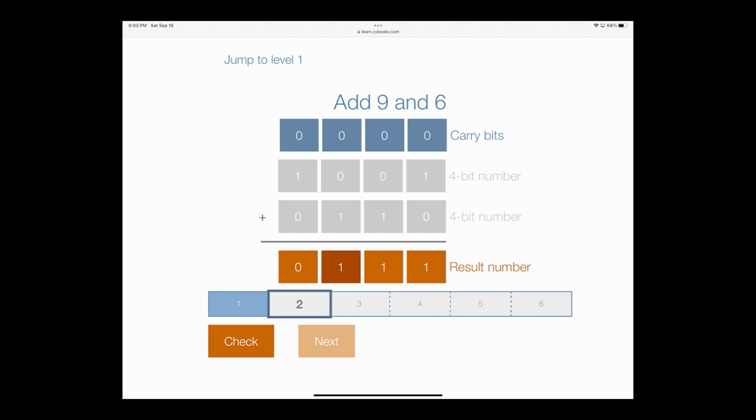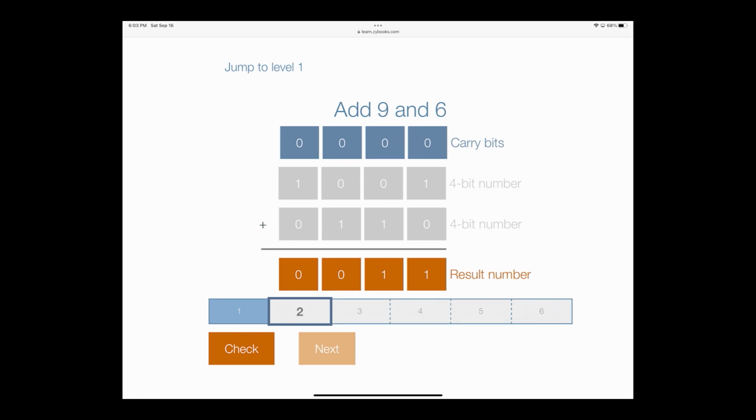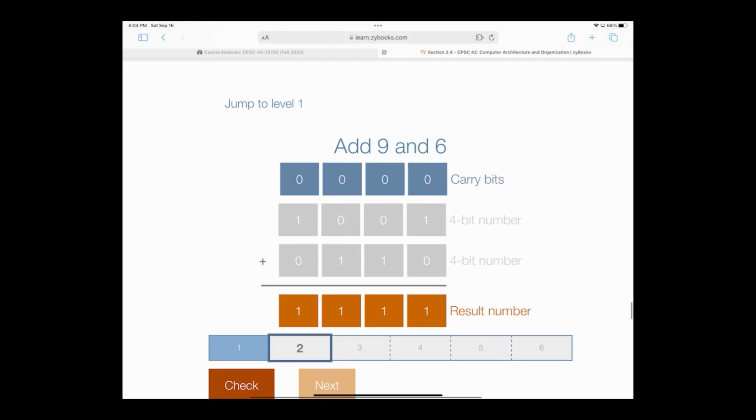Third column, 0 plus 0 plus 1, which is 1. And then finally, the fourth column, 0 plus 1 plus 0, which is 1. So the answer we get here is 1, 1, 1, 1, which is 15, which is what it should be. So that's all fine. So we check that.